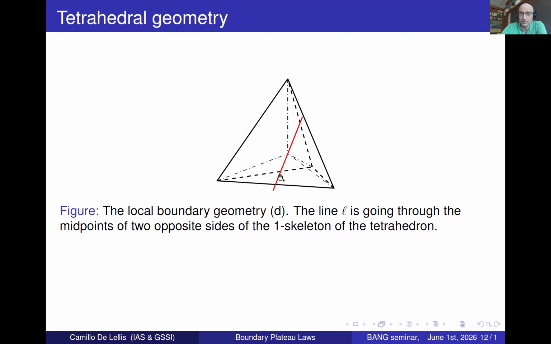These are the lines which are going through the midpoints of edges of the one-dimensional skeleton, which are opposite to each other, or edges which do not share a vertex in common. Like this is one midpoint and this is another midpoint. And of course, because the tetrahedron is minimizing in the interior, it's actually minimizing even at the boundary. And now it becomes more interesting.